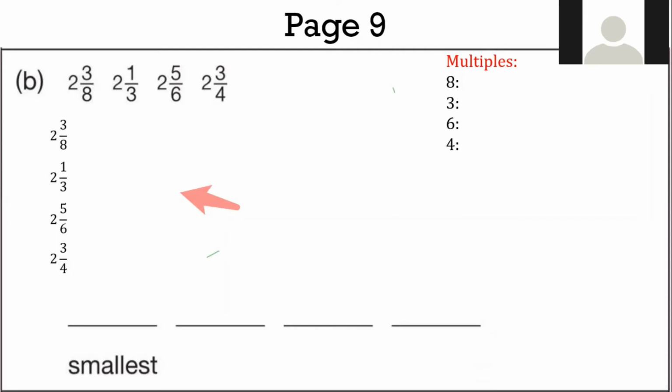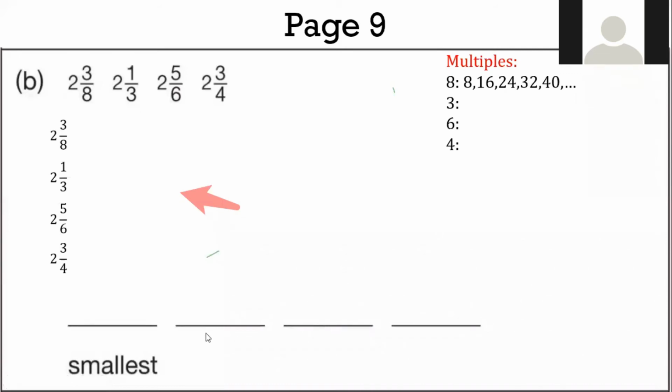What's next? 8 times 4. Is it 24 or 32? Okay, so the multiples of 8 are 8, 16, 24, 32, and 40, and so on.